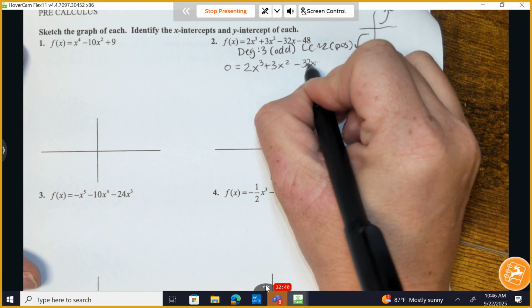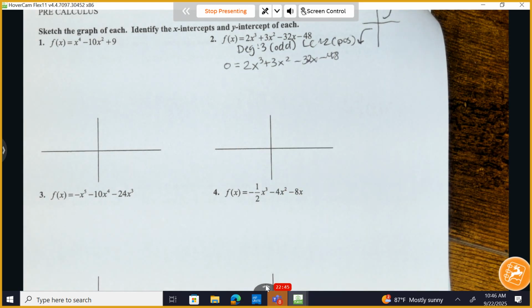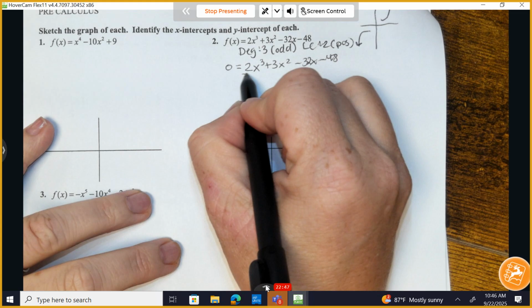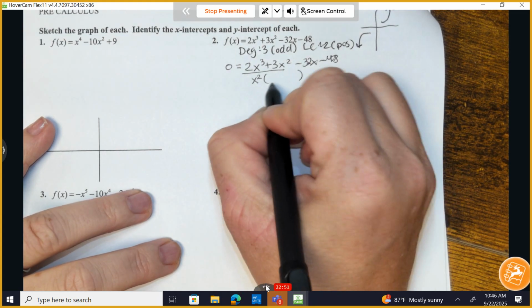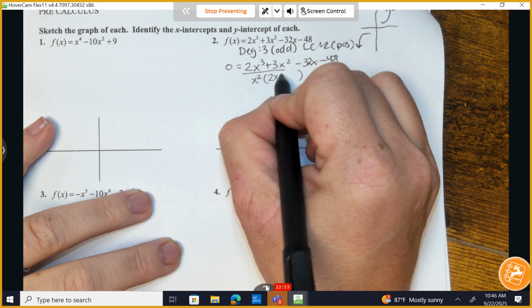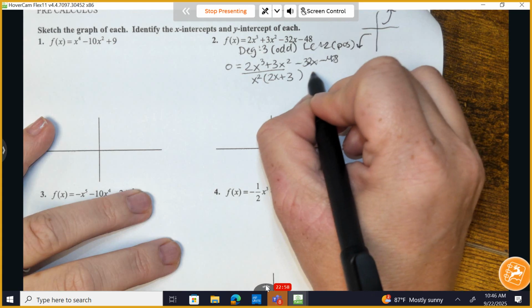If you want to do this on a single notebook paper and then attach it, that would be fine as well. In these first two terms, I can factor out at most an x squared, and I'd be left with 2x plus 3. If I distribute it, I get 2x cubed plus 3x squared.